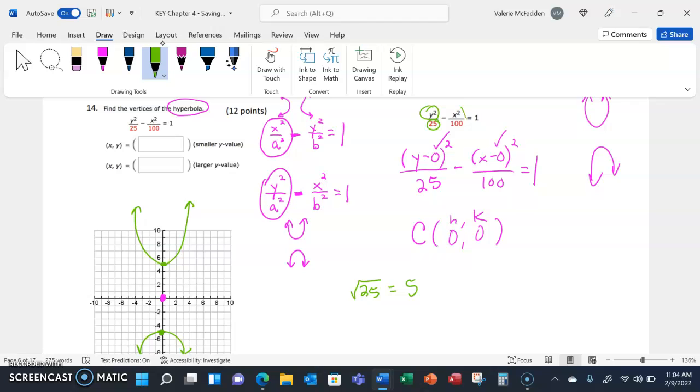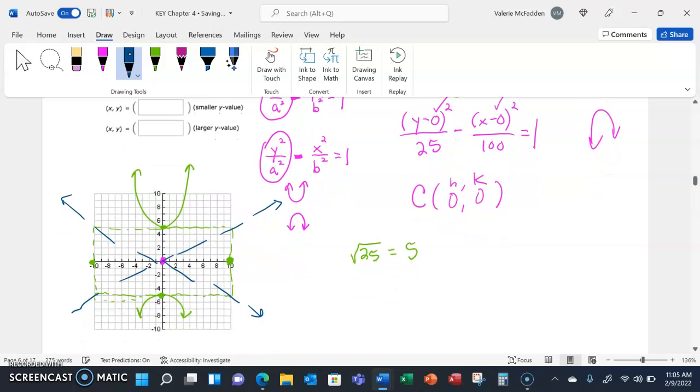And then on the x-axis, I would move to the left 10, and I would move to the right 10. And I'm sure your teacher showed you how to put the little box in like this. You put a little rectangle, whoops, went a little too far. Put your rectangle in, and then you can draw your asymptotes. So the asymptotes are the diagonal of the rectangle, and that's actually how you get a better picture of how wide the hyperbola is going to be.